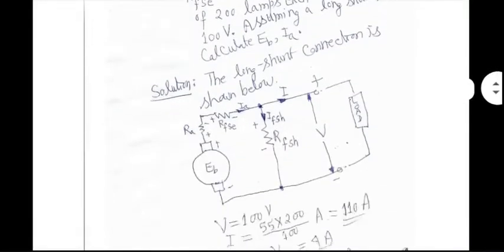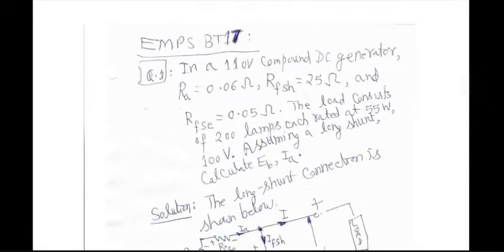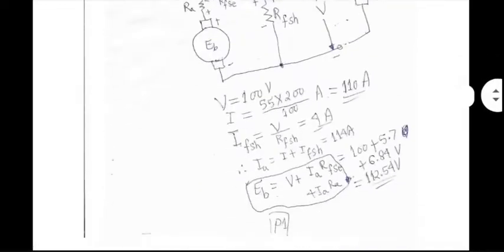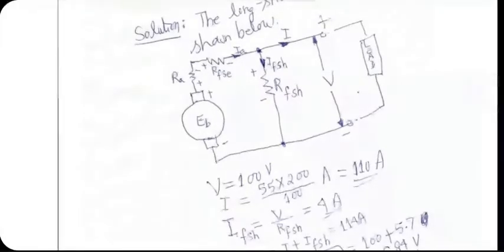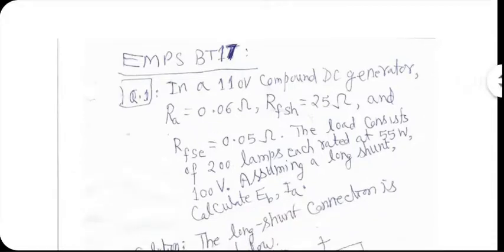Actually, sorry about this. I've written 110 here, but it was supposed to be 100 volt. Question one should be 100 volt compound DC generator, not 110. So assume that the typo is taken care of later. So terminal voltage is 100 volt. The terminal current will be obviously dictated by, no, sorry, okay, there's no typo here.